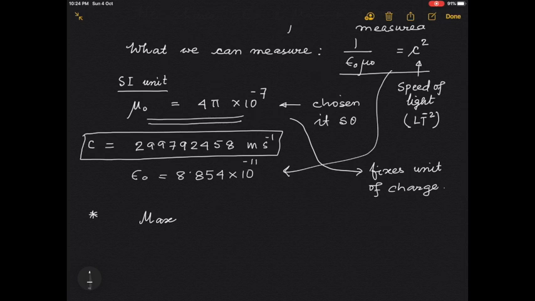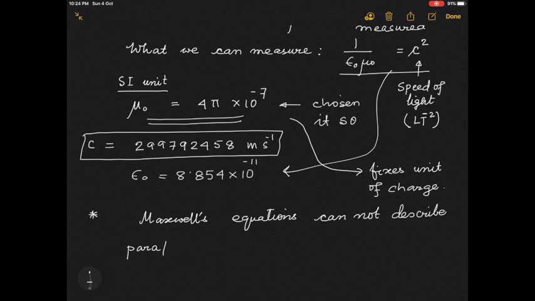Maxwell's equations cannot describe para, dia, ferro, etc. magnetism.